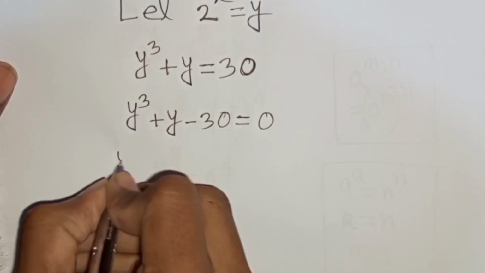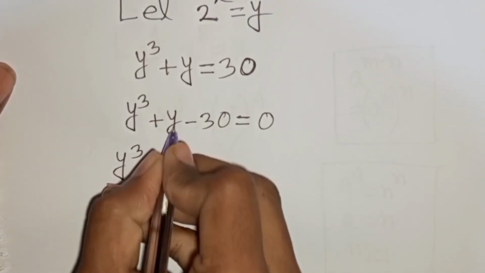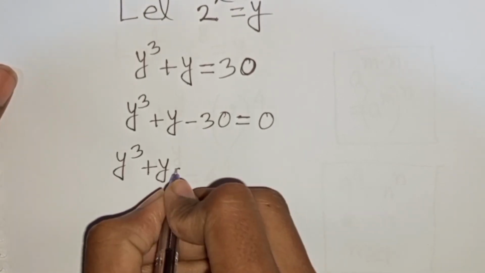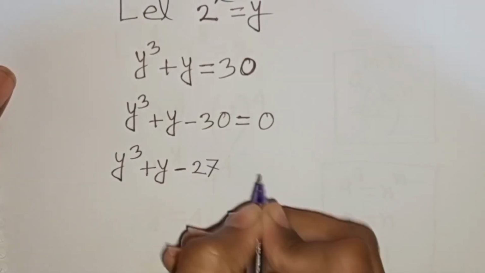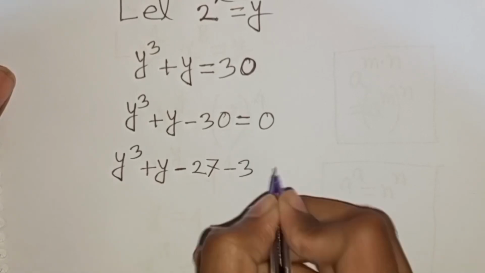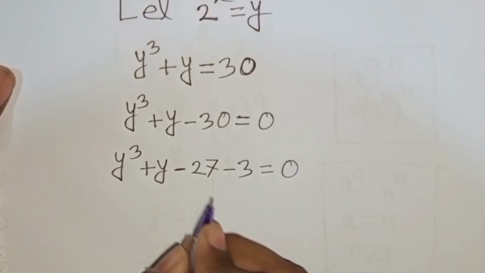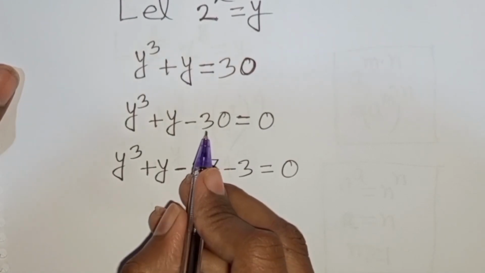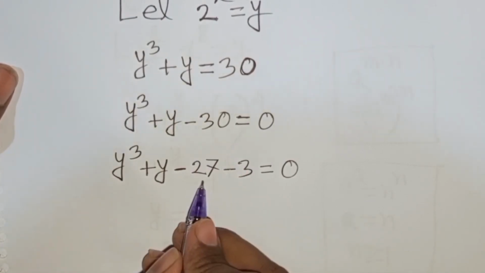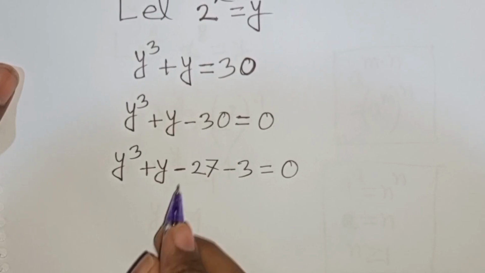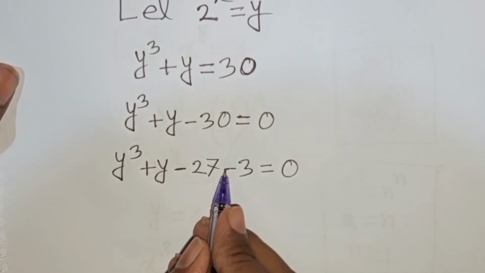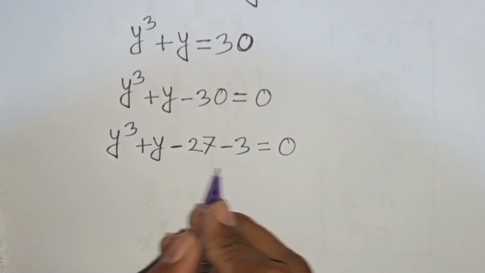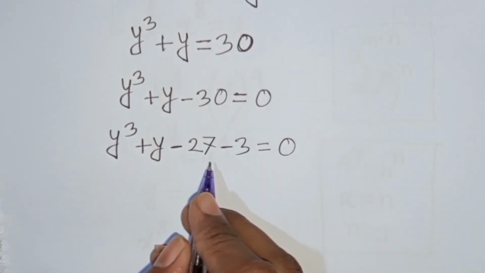Now we have y cube plus y, then minus 30 can be written as minus 27 minus 3, is equal to 0. How to understand this? Pay attention here, the nearest cubic number of 30 is 27. So minus 30 can be written as minus 27 minus 3. Most of the time you can understand it through this process.